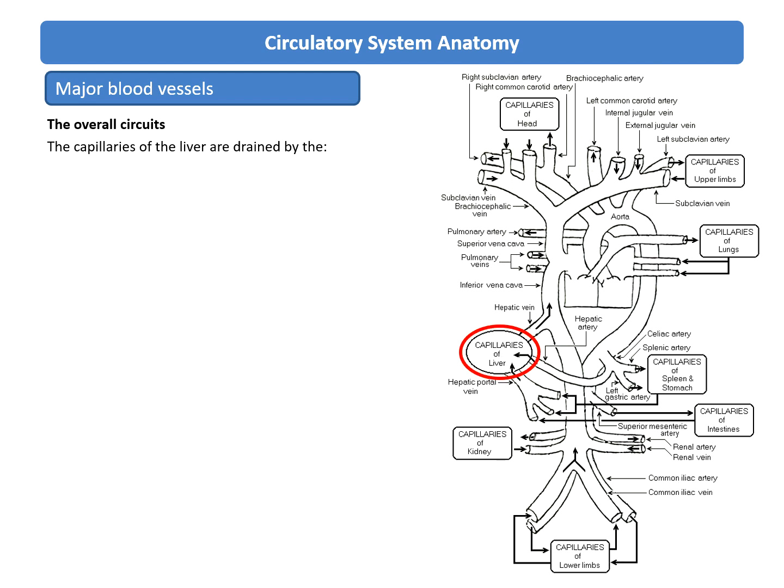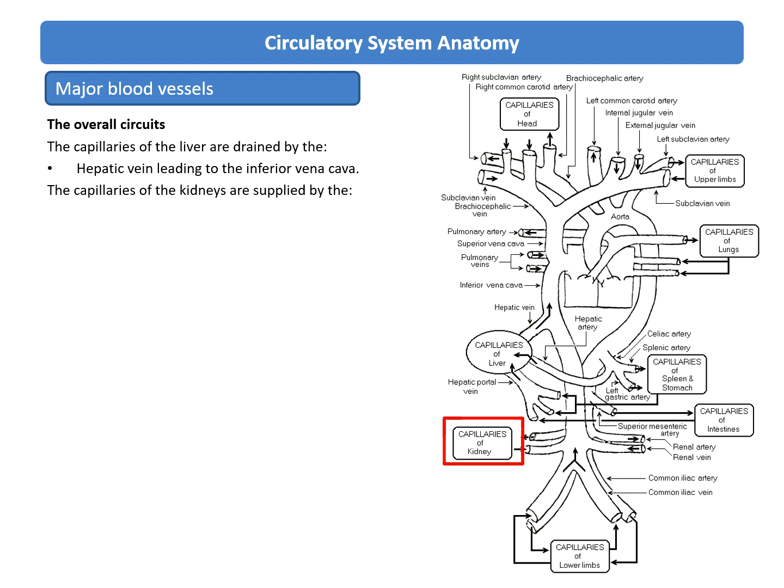Continuing with the overall circuits, the capillaries of the liver are drained by the hepatic vein. It supplies blood into the inferior vena cava. The capillaries of the kidneys, however, are supplied by the renal arteries. They arise directly from the aorta.